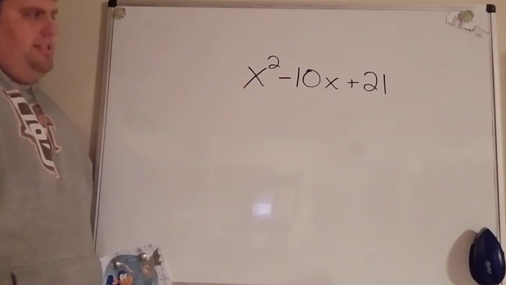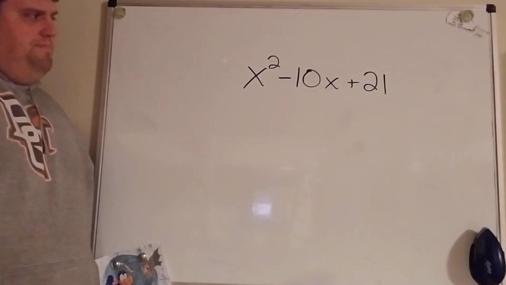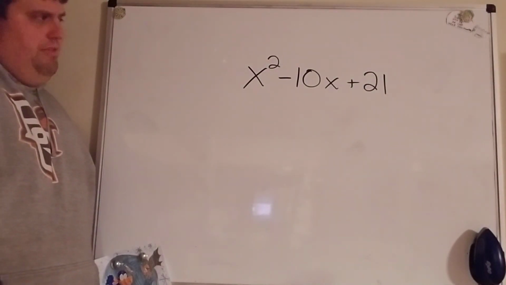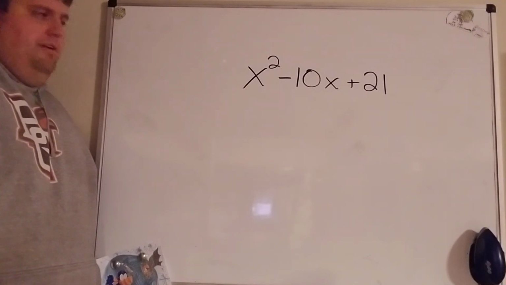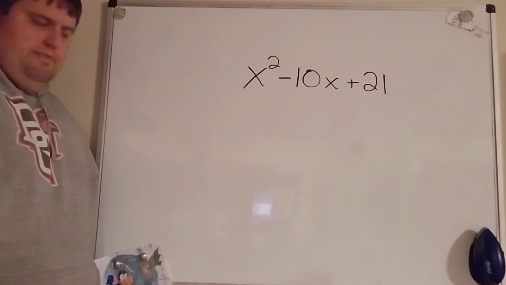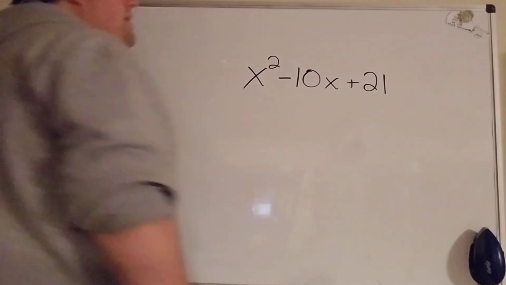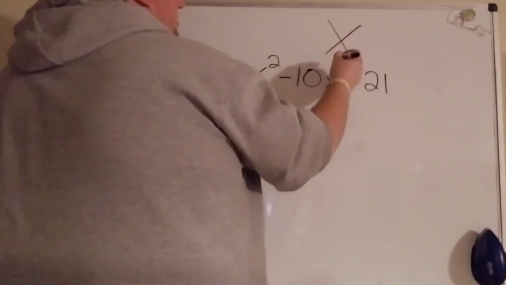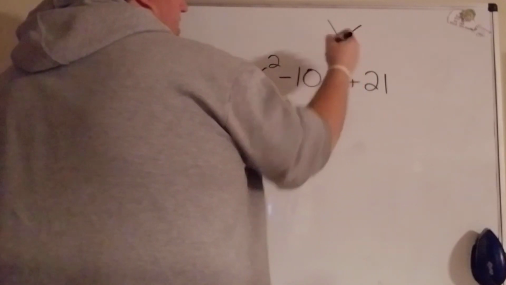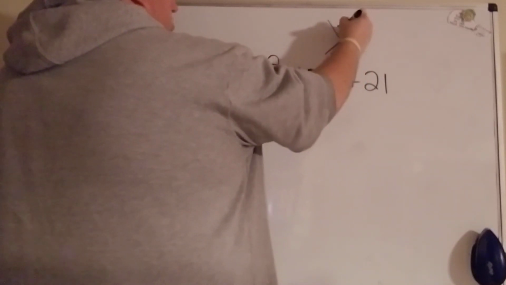First thing you're going to check, does it have a greatest common factor? I don't think so, because we just have x squared, nothing else going on, no greatest common factor. So then I look at my terms. Here my b is negative 10. So I want something that's going to add to give me negative 10, but multiply to give me 21.